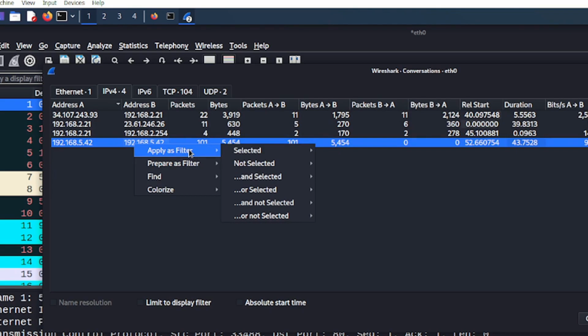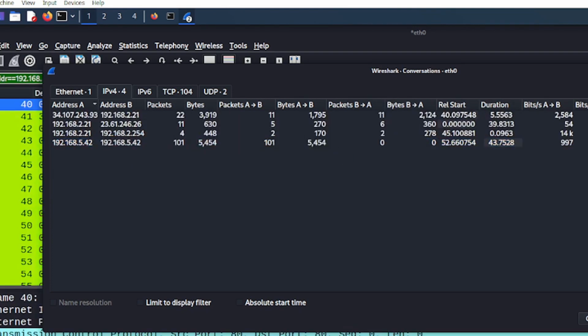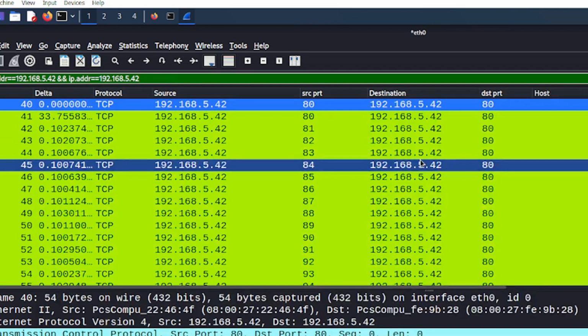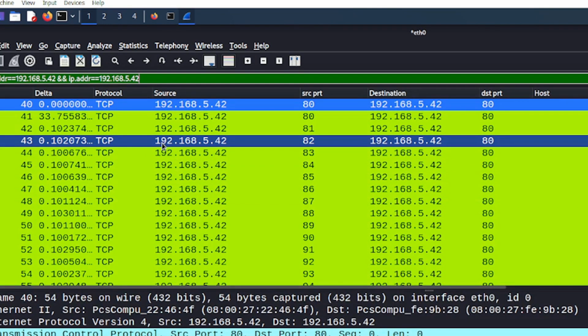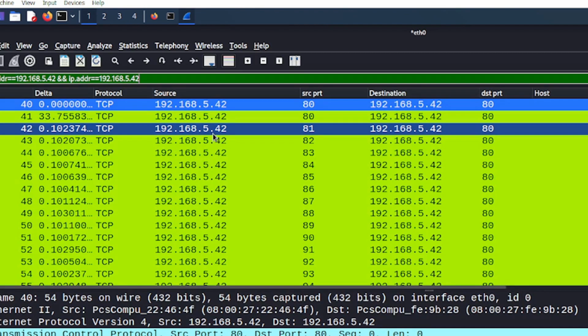So like I want to know everything between 5.42 and 5.42. Let's go to Selected. And now I can choose the style of the conversation. Is it a back and forth between these two? Is it from address A to address B, B to A, or any? Let's go and do a back and forth. So it's selected. I close this, and on the screen we can see all of the traffic that's between 5.42 and 5.42.